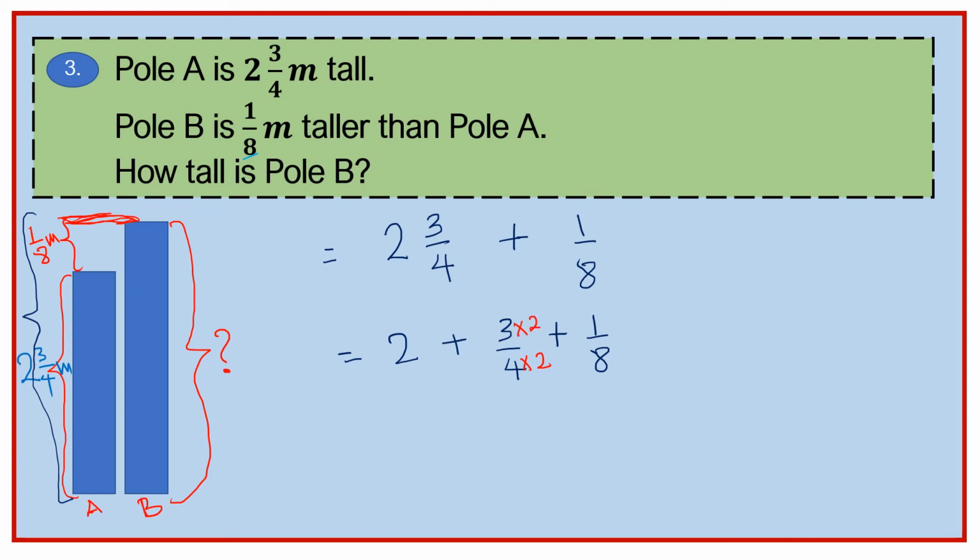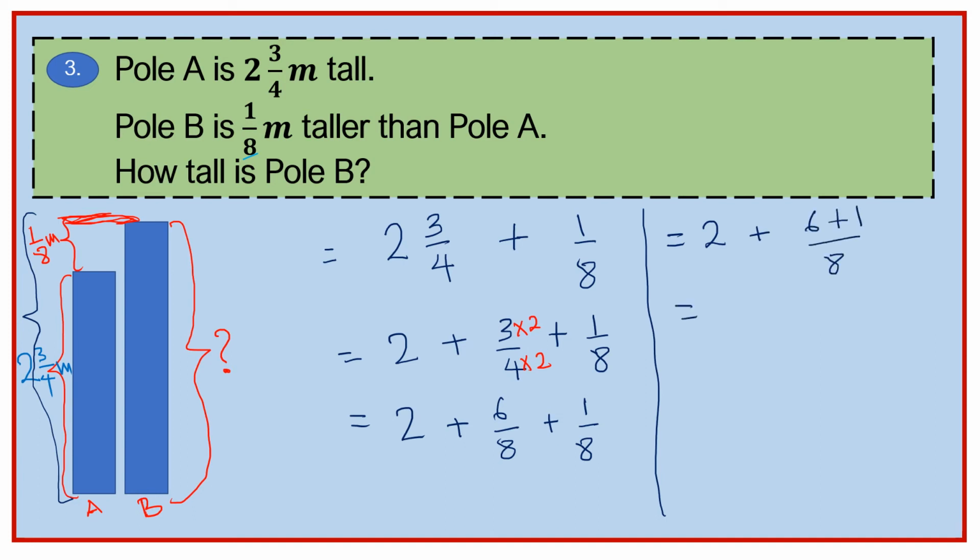And we get 2 plus 6 out of 8 plus 1 out of 8. So we get 2 plus 6 plus 1 out of 8 equals 2 plus 7 out of 8.